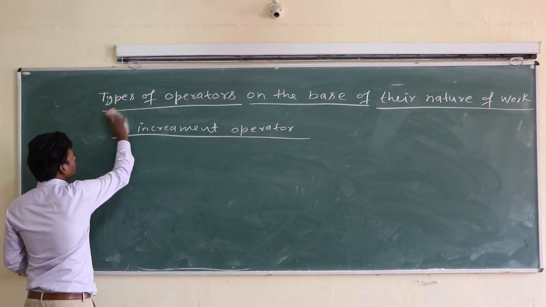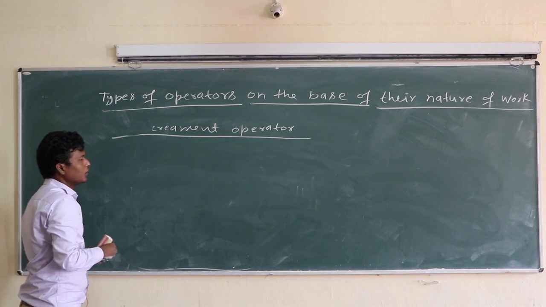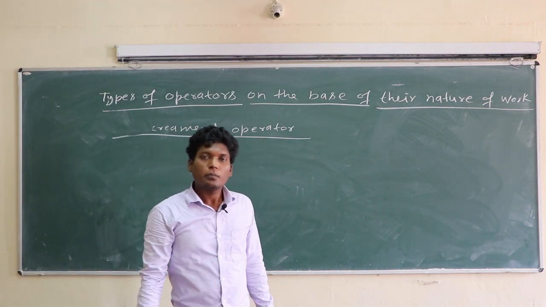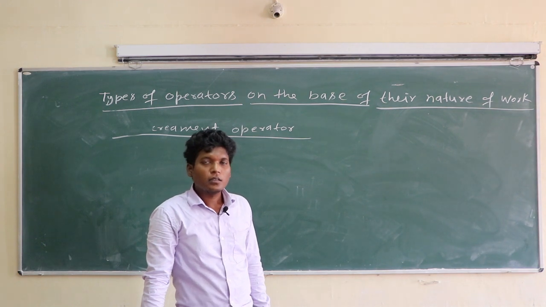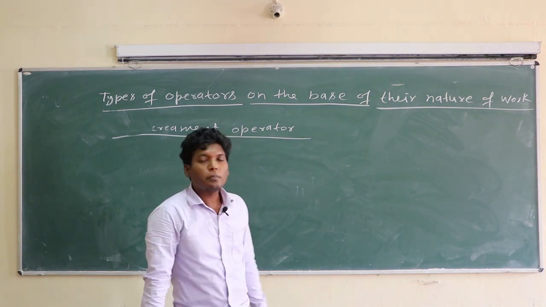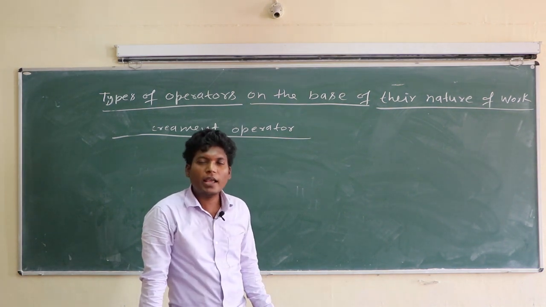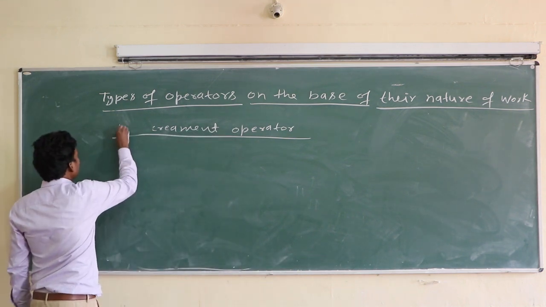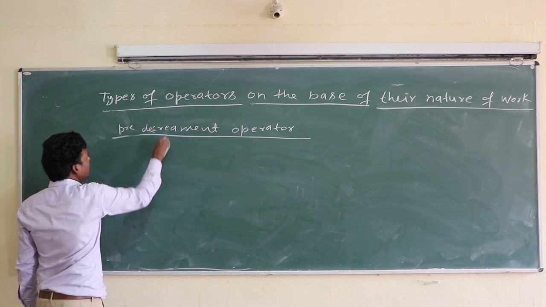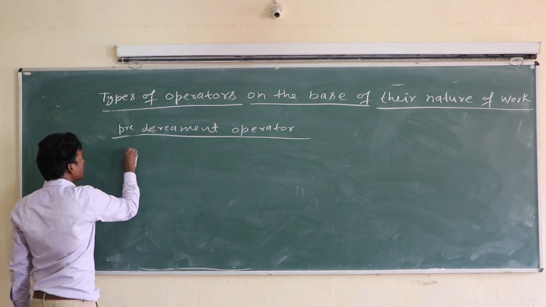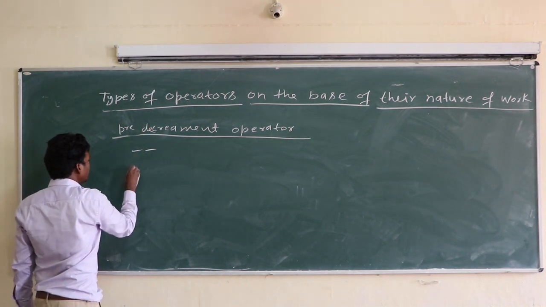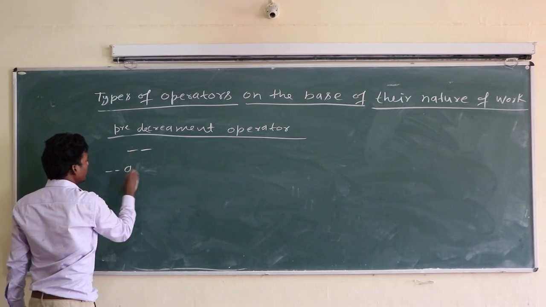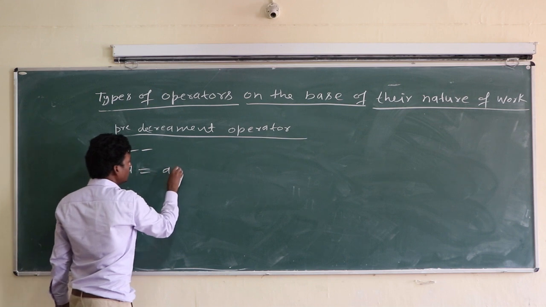Same as pre-increment and post-increment, there are pre-decrement and post-decrement operators. This is a pre-decrement, and you can write a-- as a = a - 1.